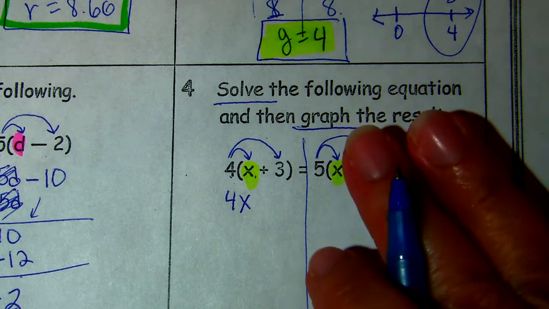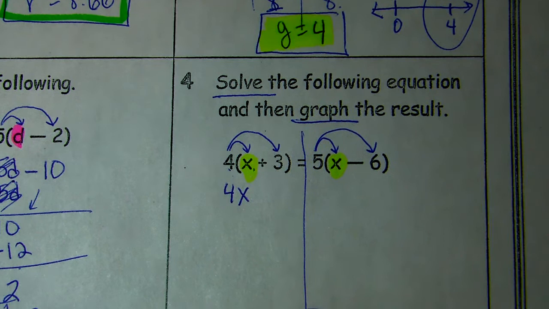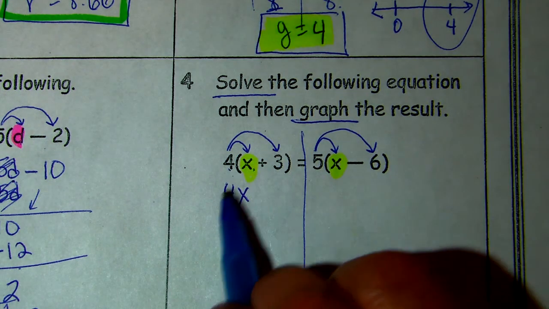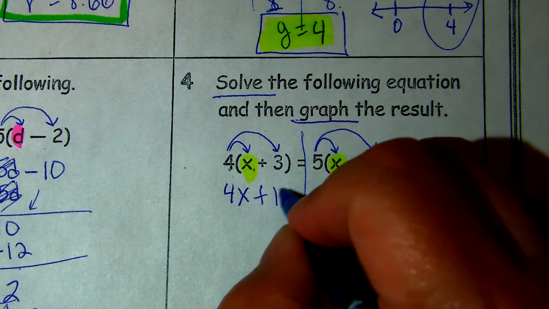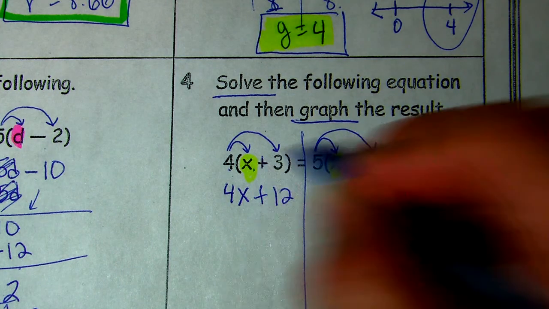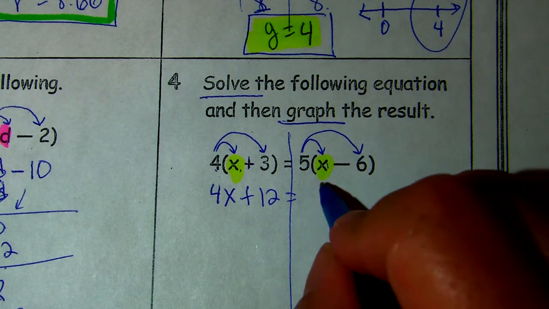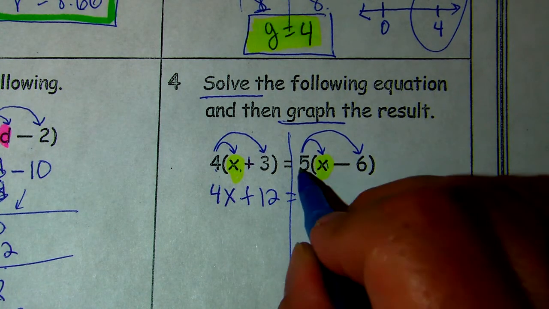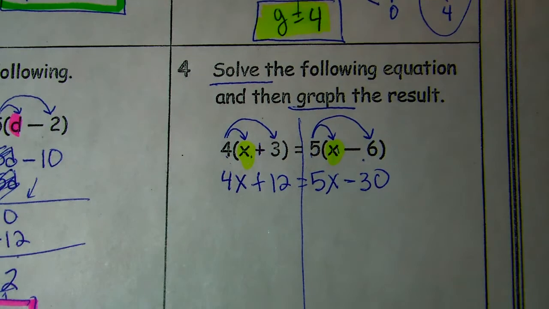You can pause the video so you can catch up with the exercise. So 4 times x, 4x. 4 times 3, 12. This looks like a division, but it's a plus. Bring down the equal. 5 times x, 5x. 5 times negative 6, negative 30.